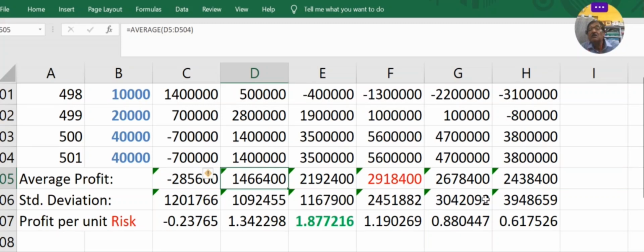The standard deviation is calculated, and if we calculate the profit per unit risk, that means average profit divided by risk, then you will see this is the best result, because per unit risk, 1.1 is this. This is the best result. From all angles, this is the best result.